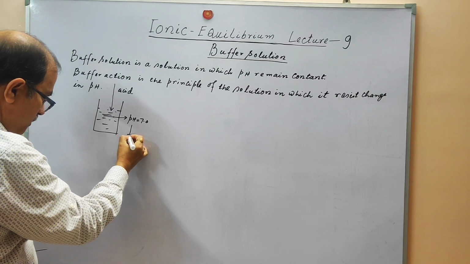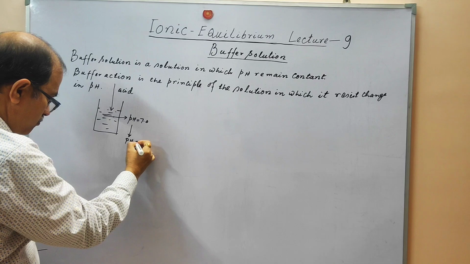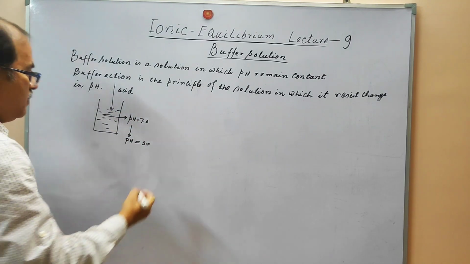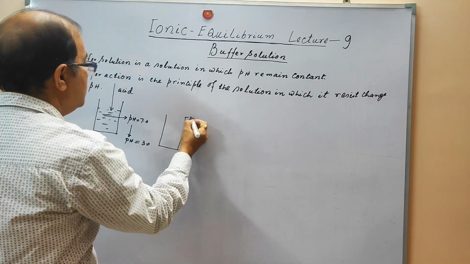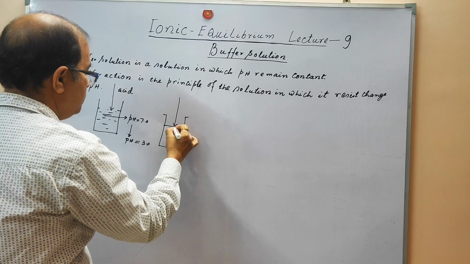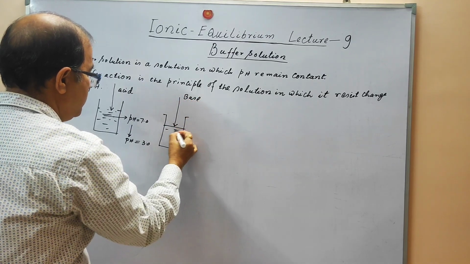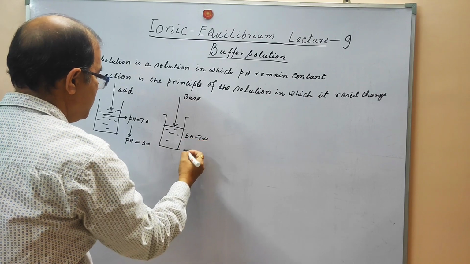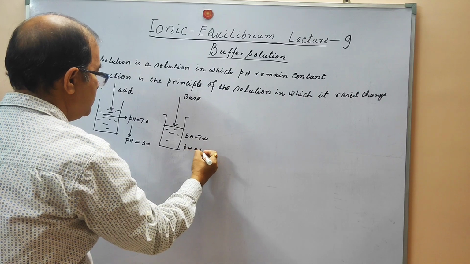The pH will change, decreasing to 3. And in another beaker we have taken, we put some base, and its pH is suppose 7. Now after putting the base, it will be around 12.